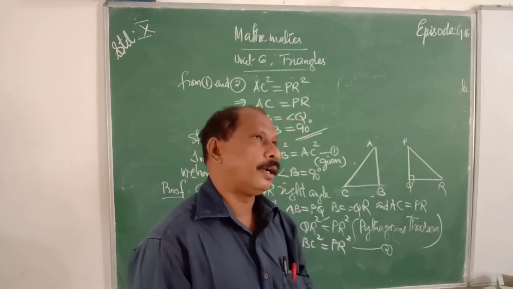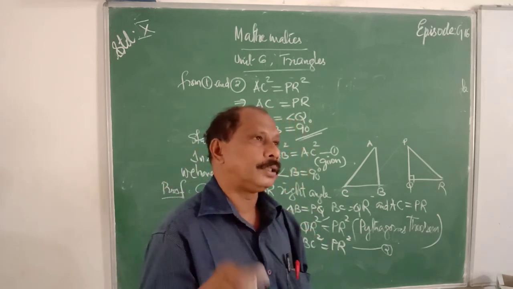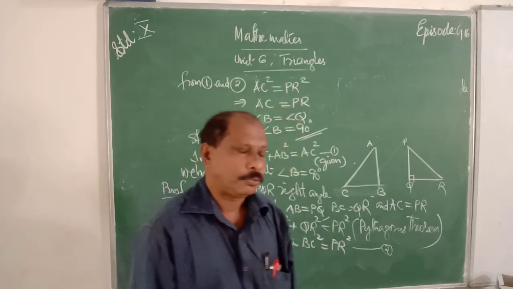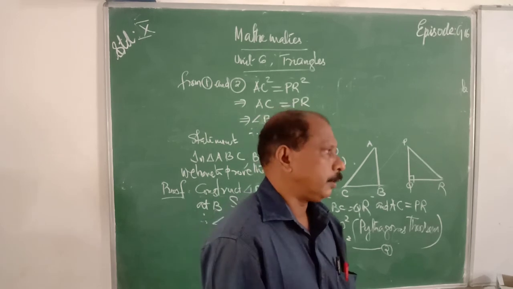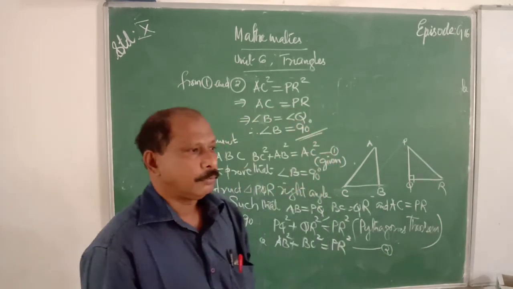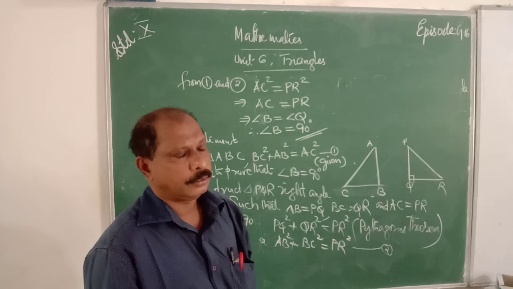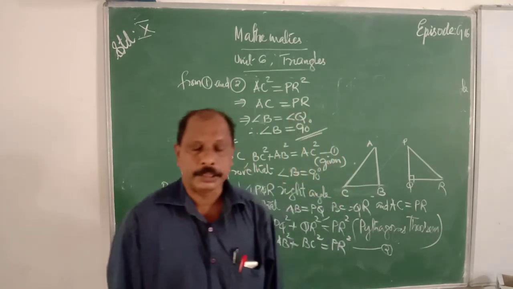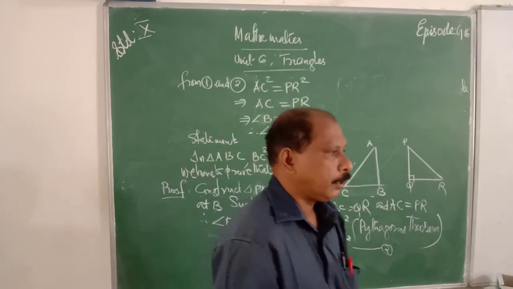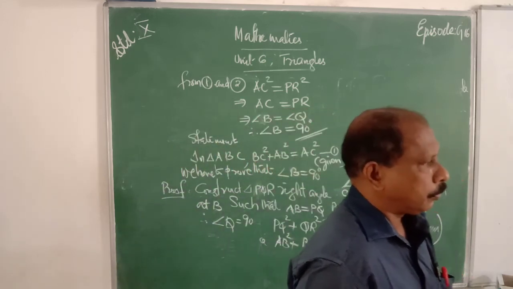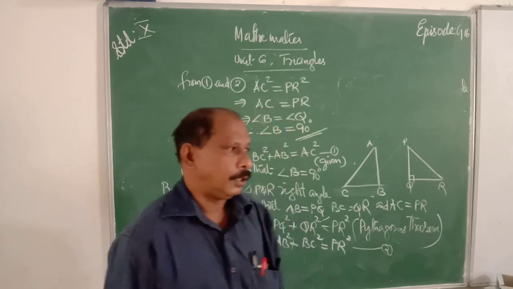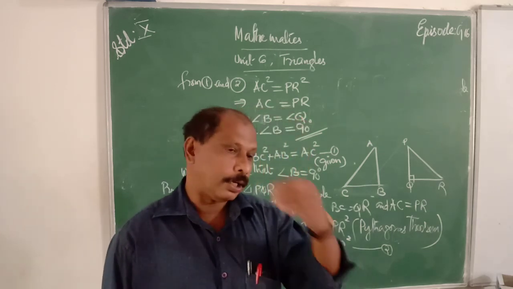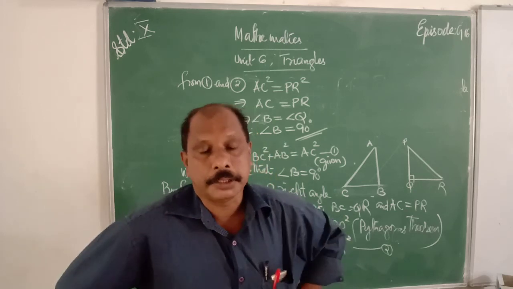Then from triangle BDC and triangle ABC, the two triangles are similar by the angle criteria. Therefore, BC by CD is equal to AC by BC. Cross multiplication, BC square is equal to DC into AC.